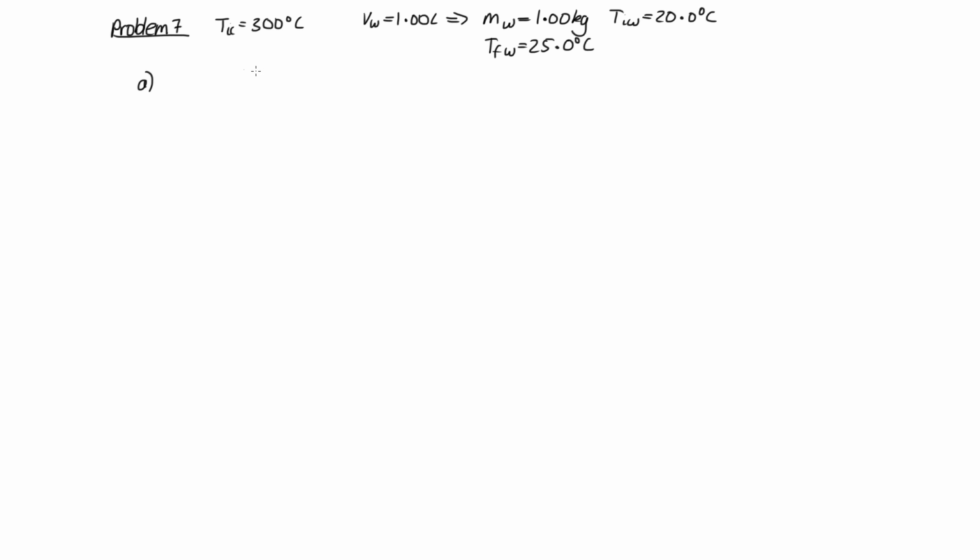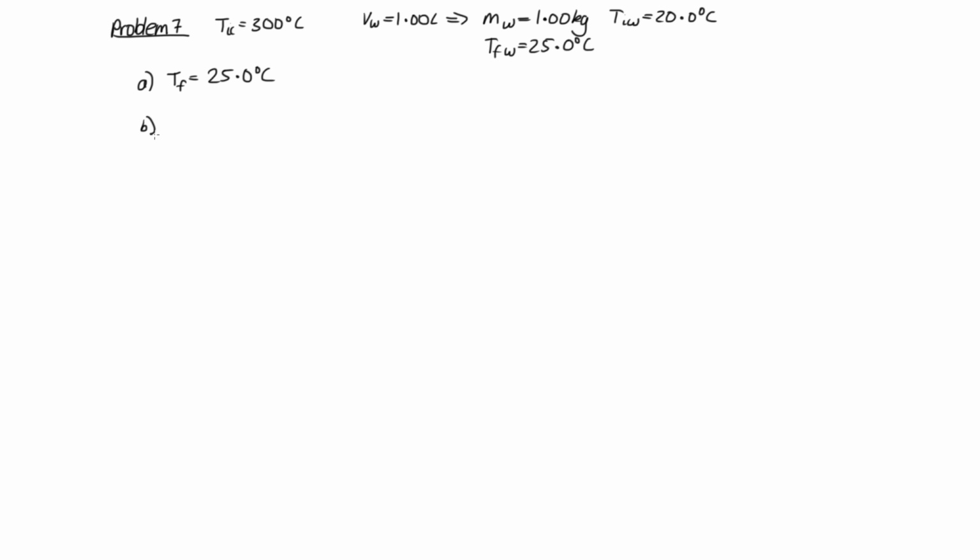Okay, so once the temperature of the water stops changing, that will happen when it's in thermal equilibrium with the copper block. So that tells us that the final temperature of the copper block must also be 25.0 degrees C. If they weren't at the same temperature, then the temperature of the water would change until they were.